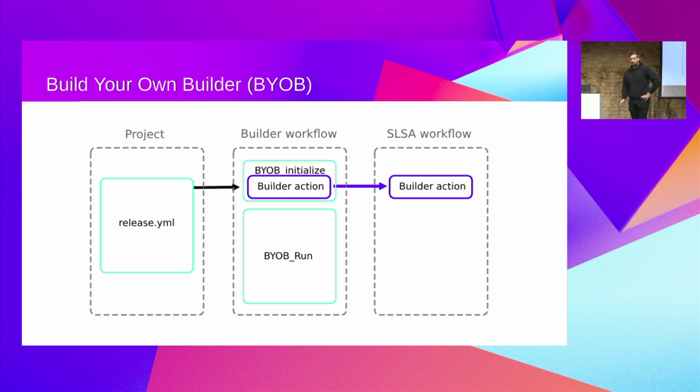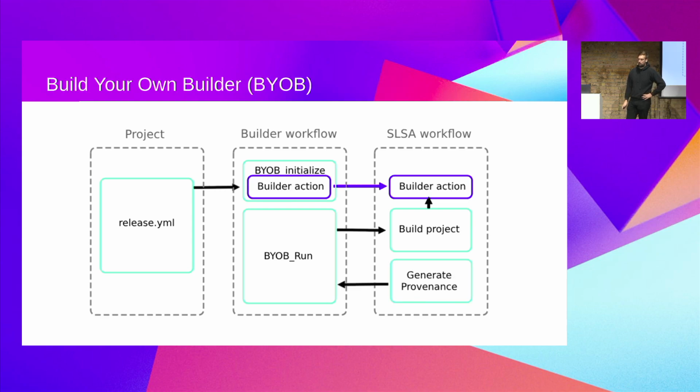Having done that, the builder workflow invokes BYOB. I'll get a little more into how later, but at a high level, initialize and run. And when the builder workflow runs BYOB, the SLSA BYOB workflow then builds the project, referring to the builder action, and then generates provenance, which is passed along with the output artifacts back to the builder workflow, and finally back to the user.